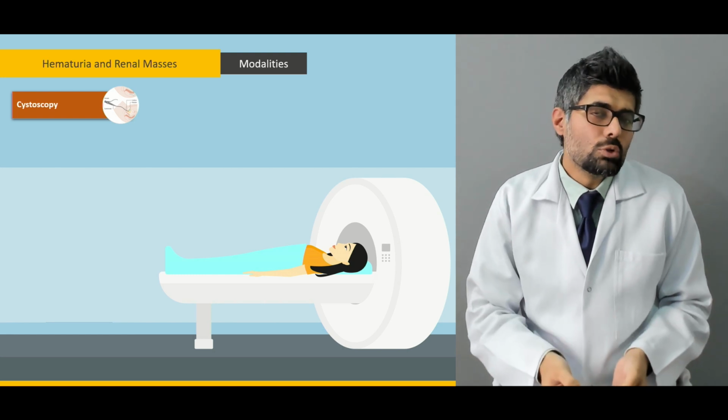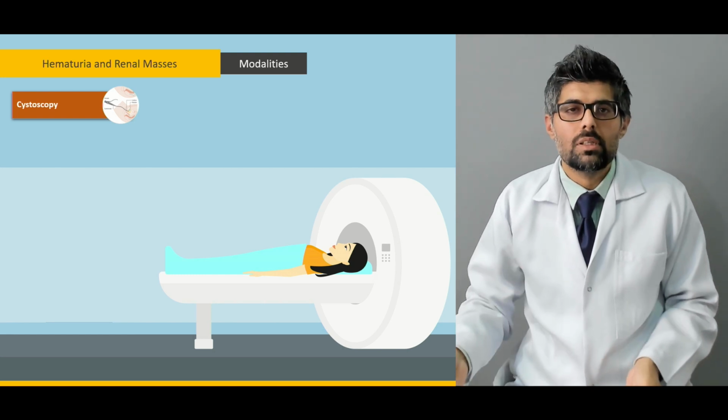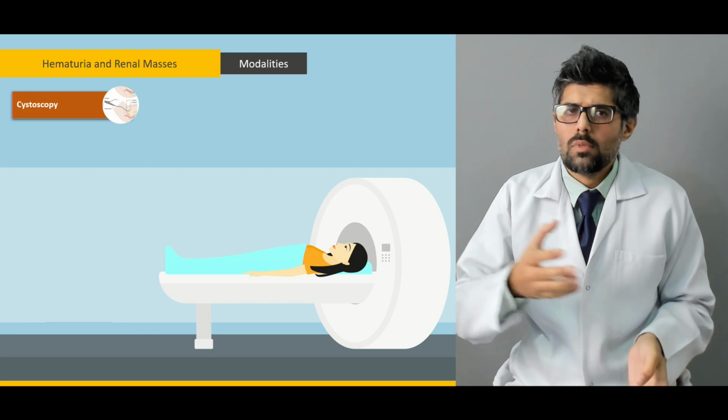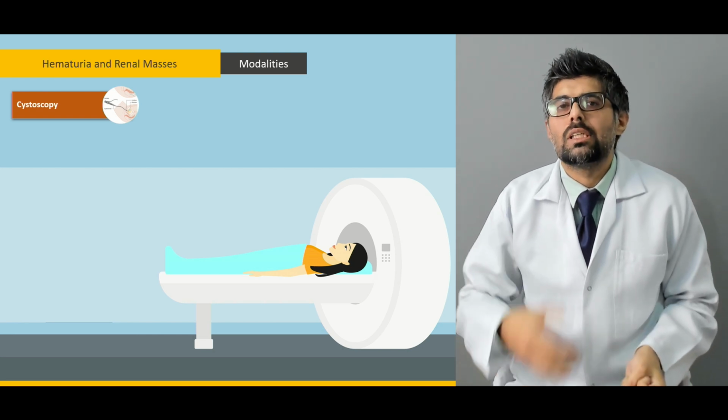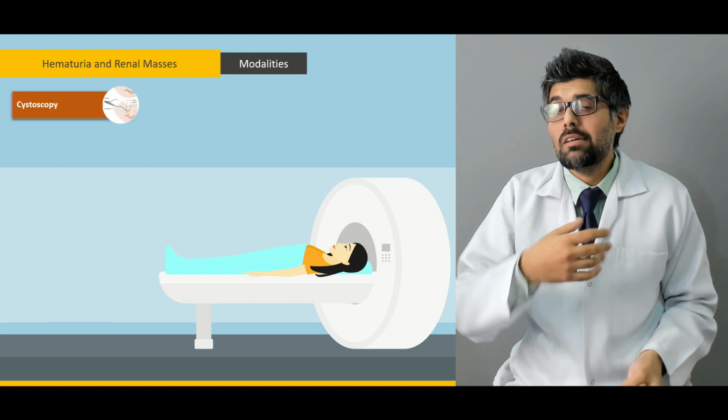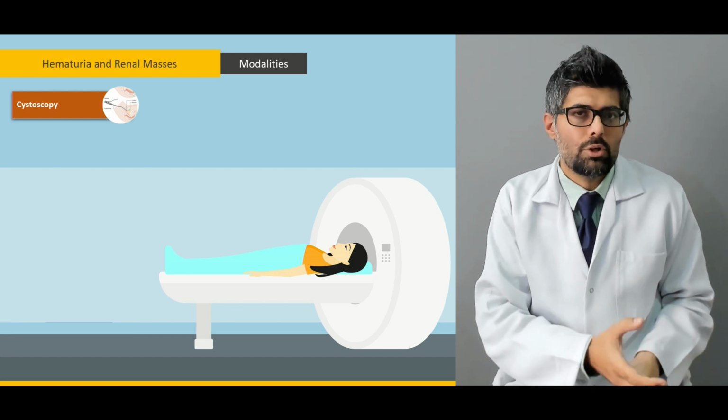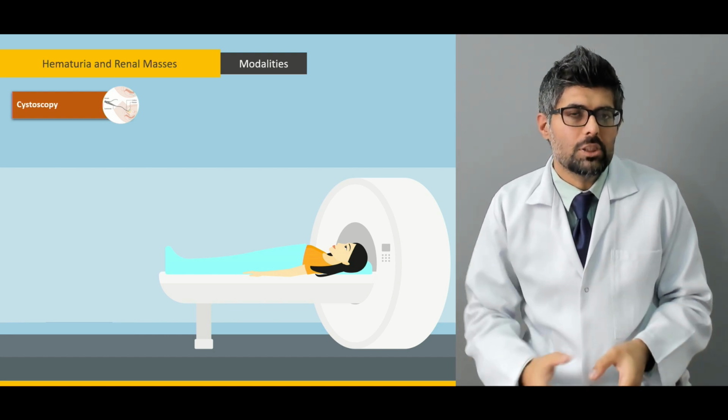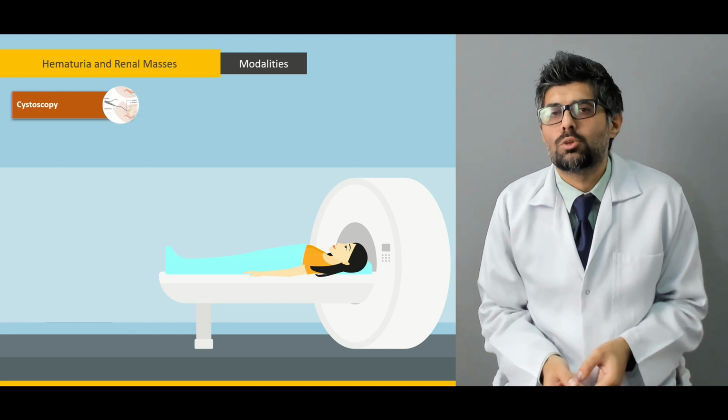Cystoscopy can be further extended inside the ureter and even the kidneys by ureterorenoscopy, which is an attachment for the cystoscope.